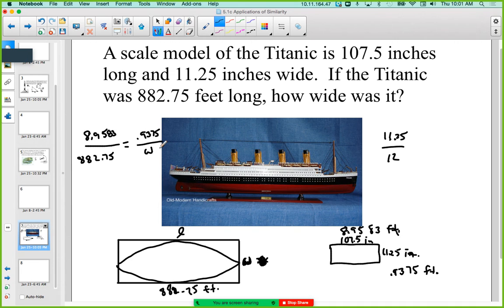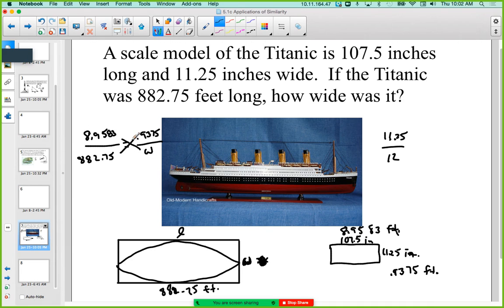It's W. All right. Now, I'm not going to write all this down, but I know I'm going to cross multiply. So 8.9583W equals 882.75 times 0.9375.